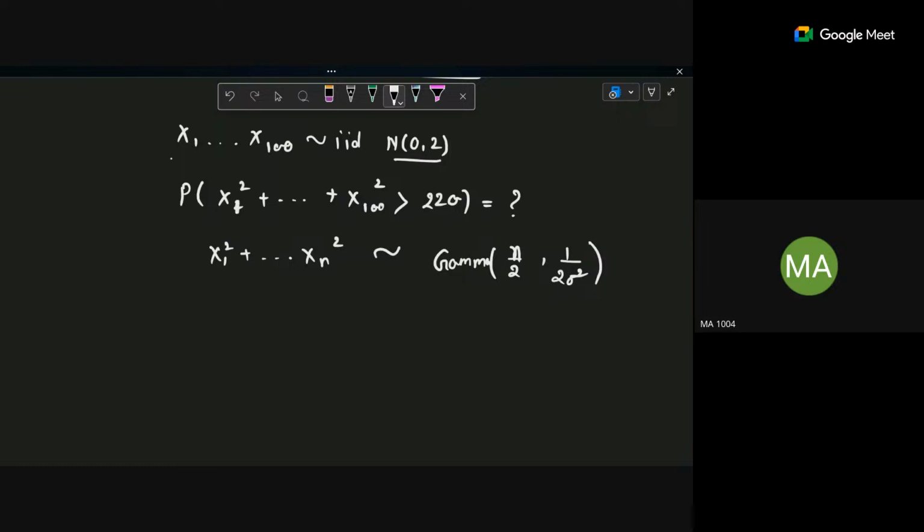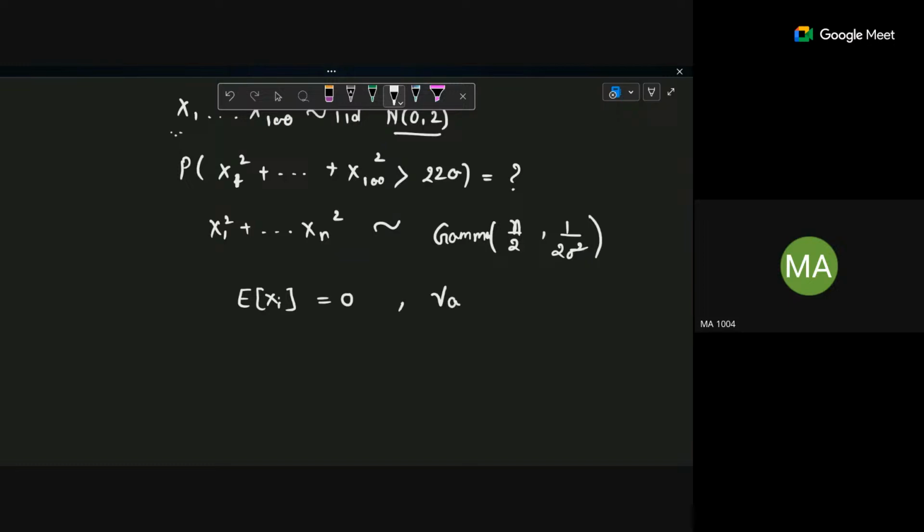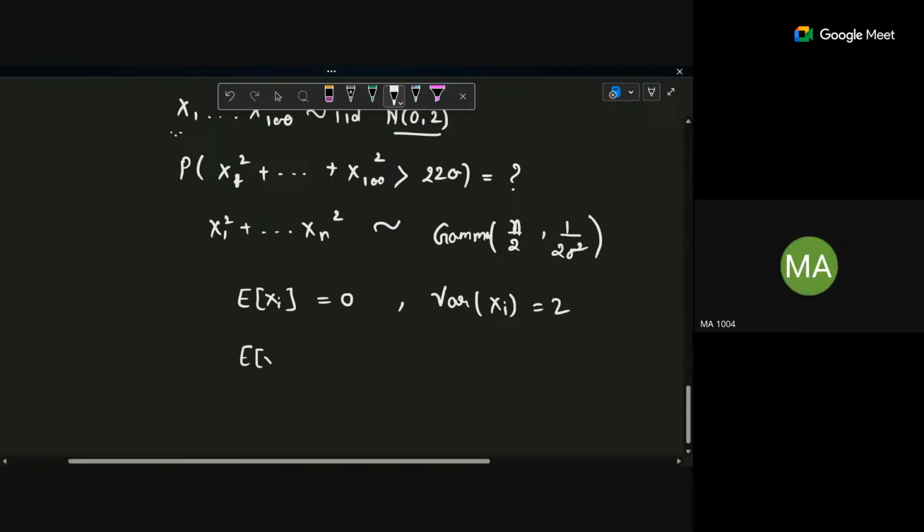We are given that the xi's are IID normal with mean 0 and variance 2. So the expectation of xi is 0 and the variance of xi is 2. How do we calculate the expectation of xi square?